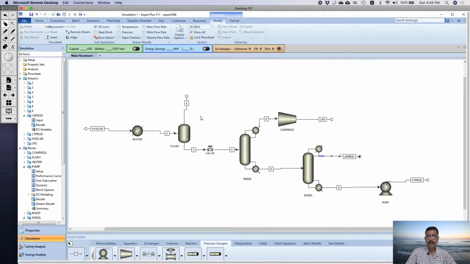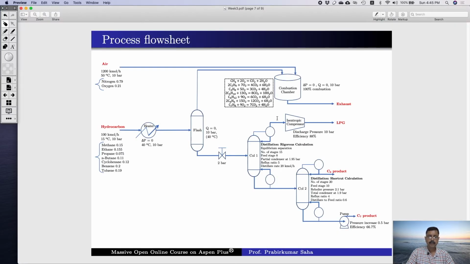So till now we were discussing the liquid side of the flash tank. Now we are yet to deal with the lightest components, that is methane, ethane and all. These things are regarded as the lighter components.